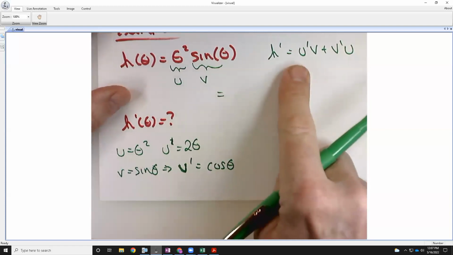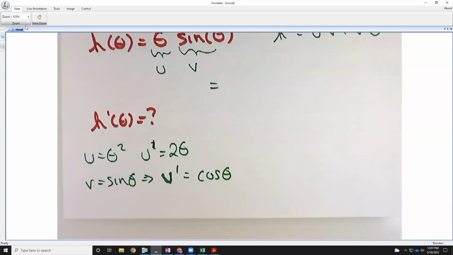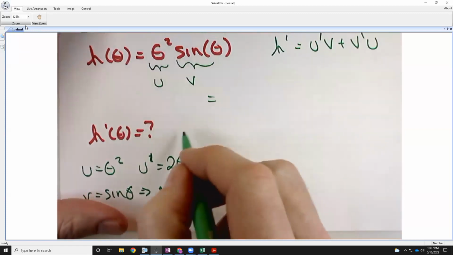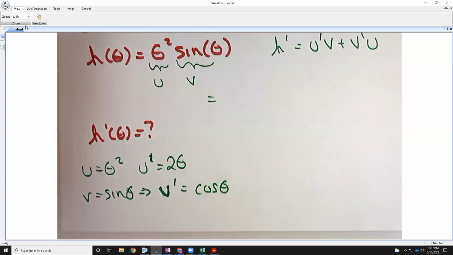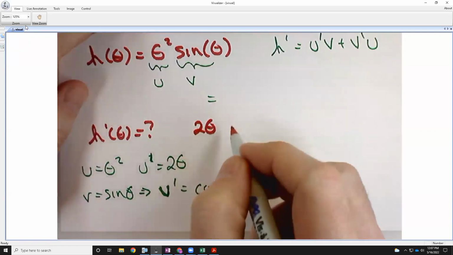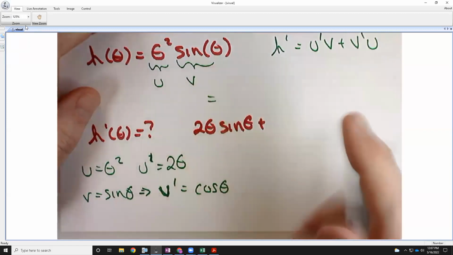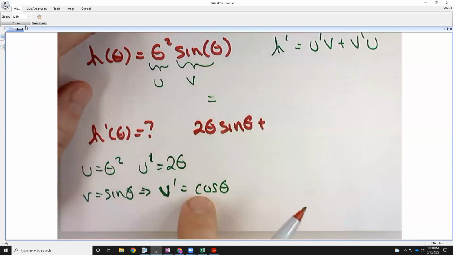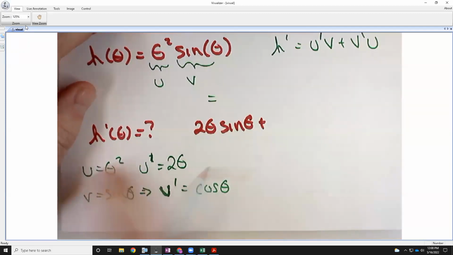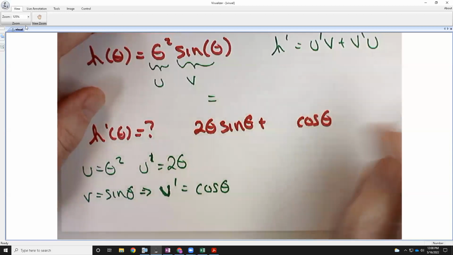All right, let's put this together. U prime times v plus v prime times u. H prime is going to equal, let's see, it's going to be 2 theta times sine of theta plus theta squared times cosine of theta. Or I guess if I'm writing it this way, v prime times u, cosine of theta times theta squared.